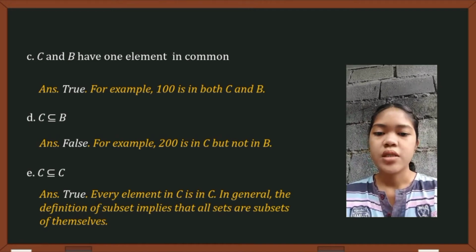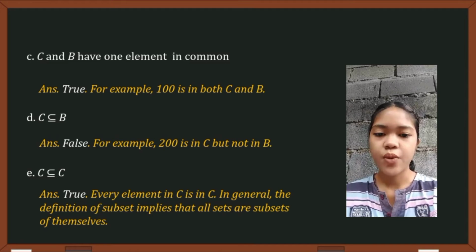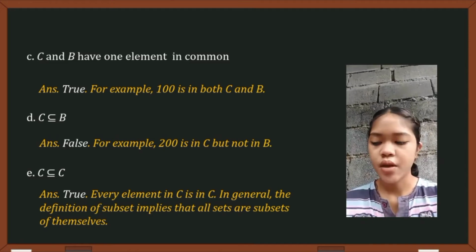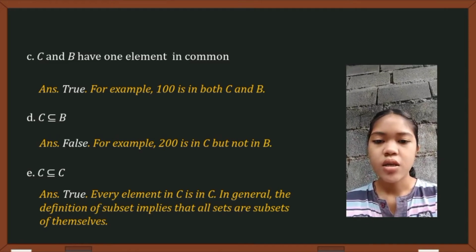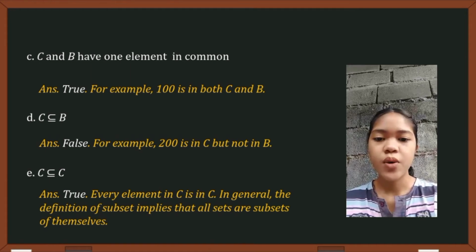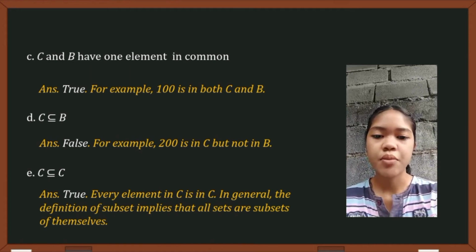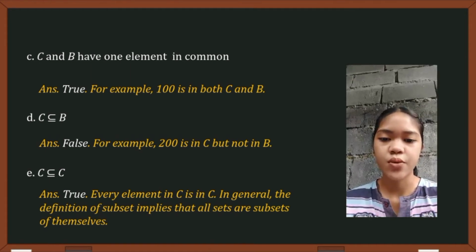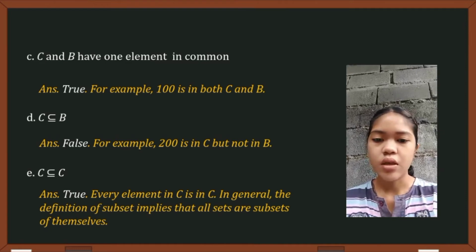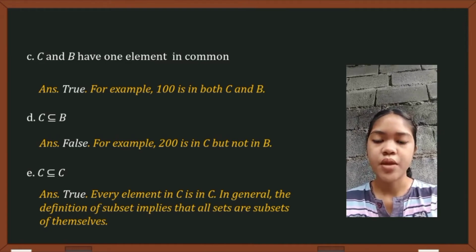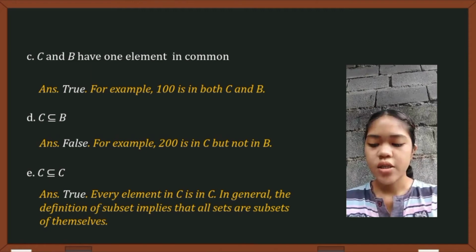C. C and B have one element in common. Answer, for example, yung 100 ay nasa both C and B, so yung answer is true. D. C is a subset of B. Answer is false.